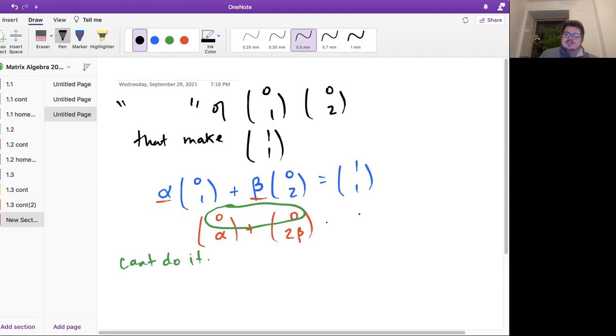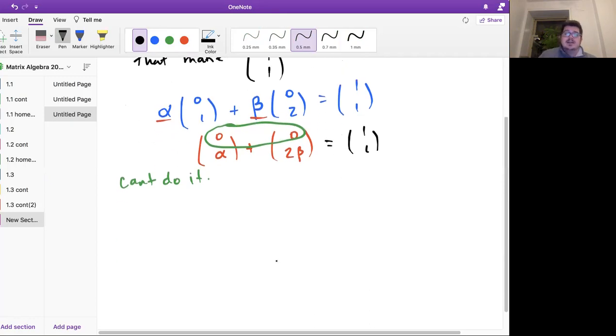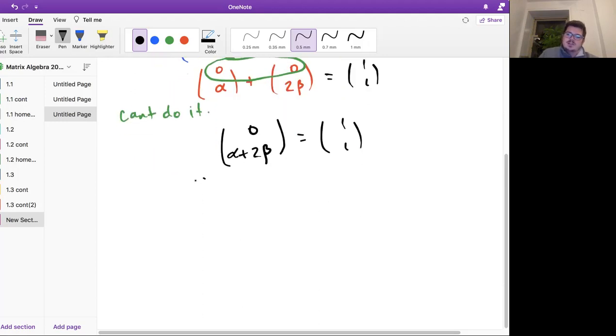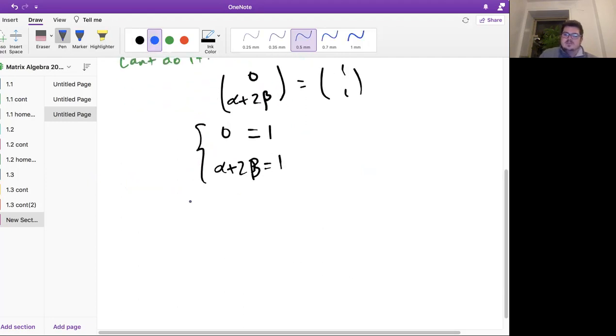But for the sake of practice, let's just see what happens in the algebra that makes this bad. So yes, it's very obvious that you can't do it, but let's just see what happens in a linear system. So I think you can see right now, it says that 0 equals 1 and alpha plus 2 beta is equal to 1. So, you know, you could even do the augmented matrix.